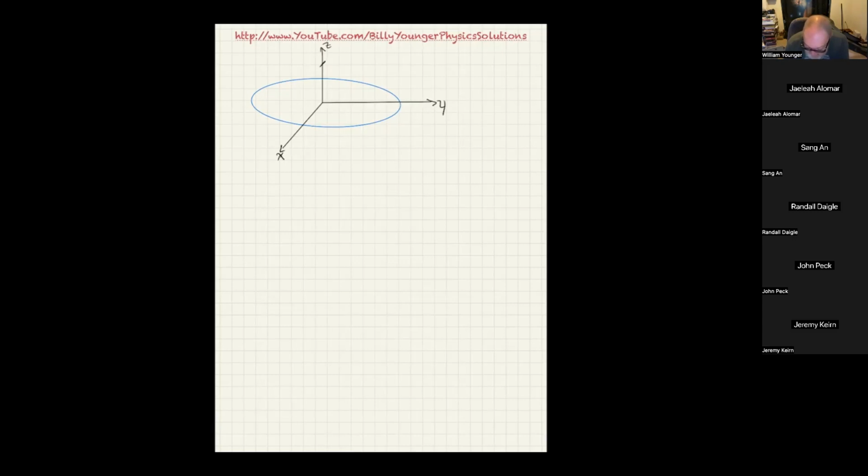And again, I'm going to want to know voltage at 0, 0, Z. I'm going to say this thing has a radius of R and a total charge Q, uniformly distributed.